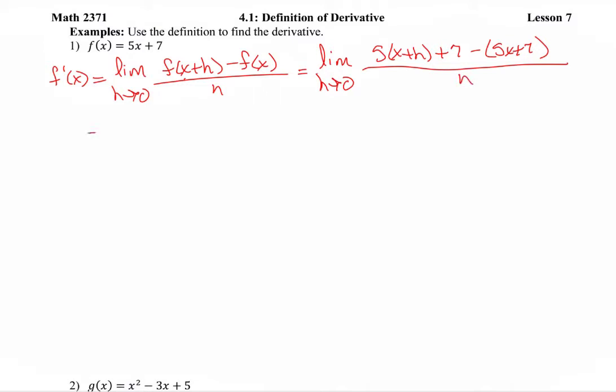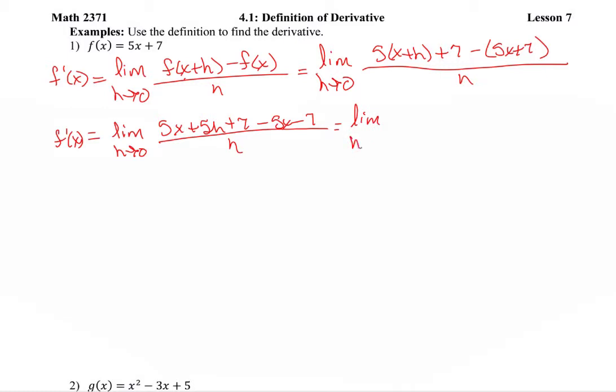Now I distribute, so that's the limit as h goes to 0 of 5x plus 5h plus 7 minus 5x minus 7 all over h. Cancel.